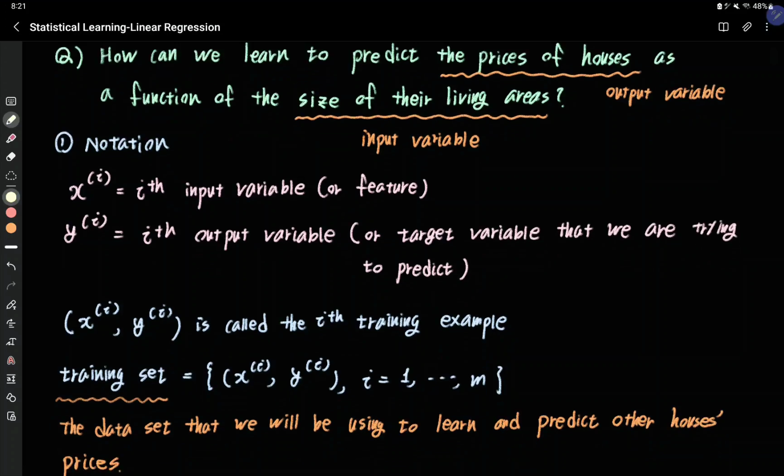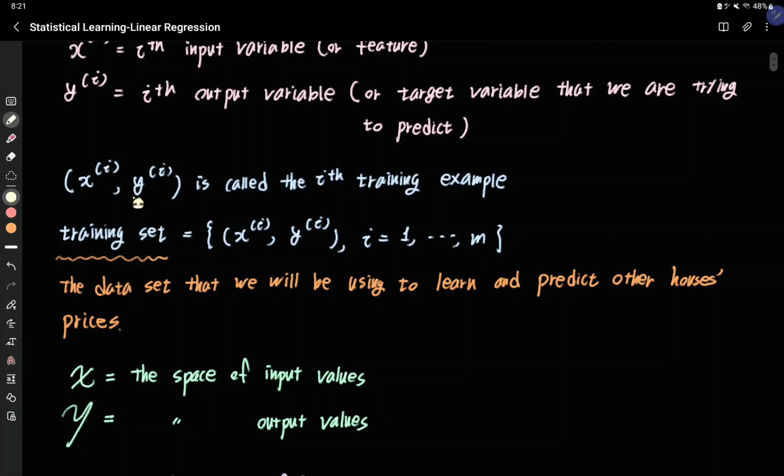And x superscript i comma y superscript i, that ordered pair, is called the ith training example. As you may expect, we are going to collect maybe hundreds or thousands of training examples, and then we put a label on each training example. So this is the ith training example.